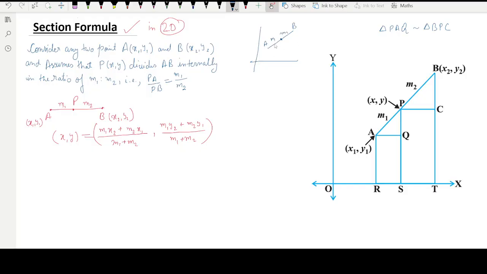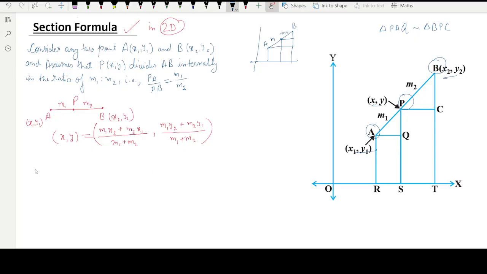Similar to the distance formula, you have to draw some perpendiculars. We have A here, B here, P here, the coordinates are here, and the ratio is m1 and m2.